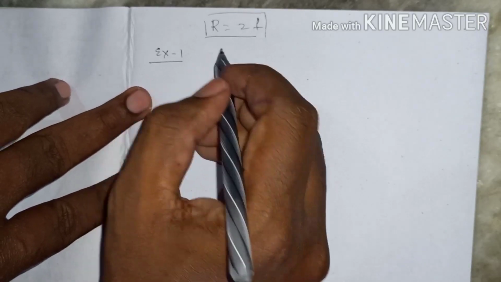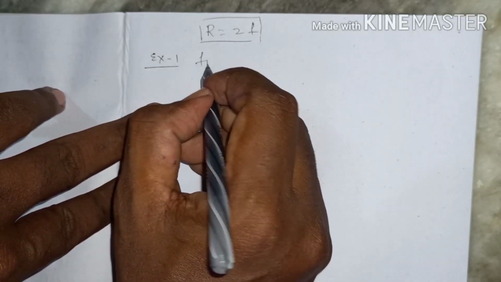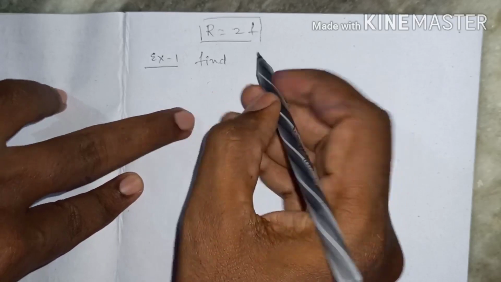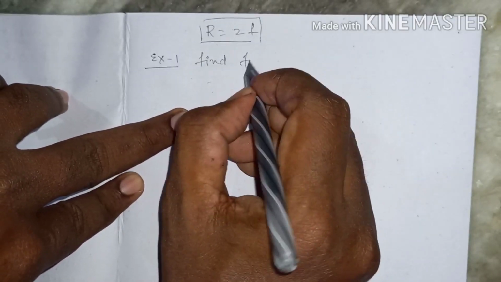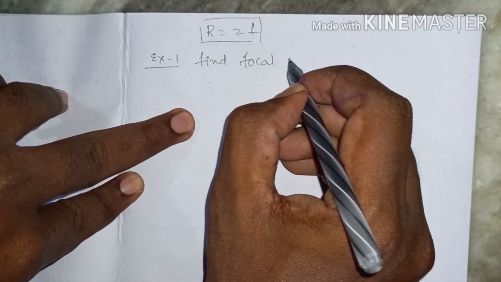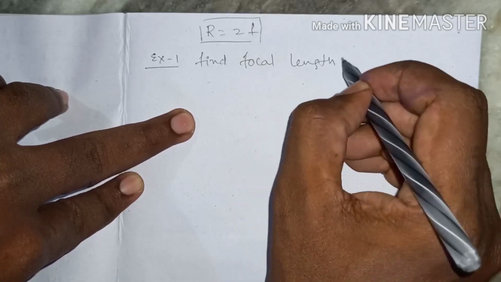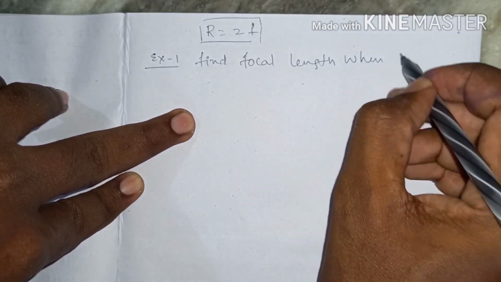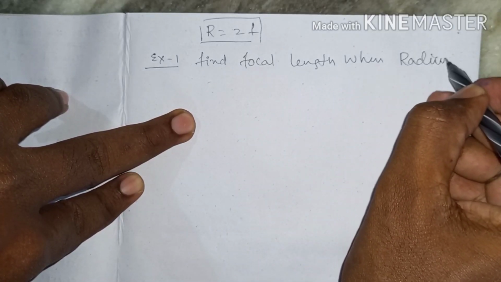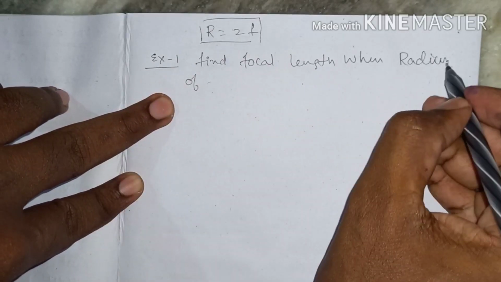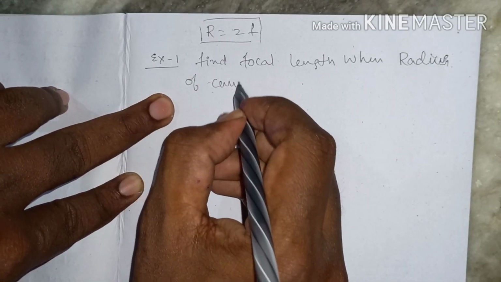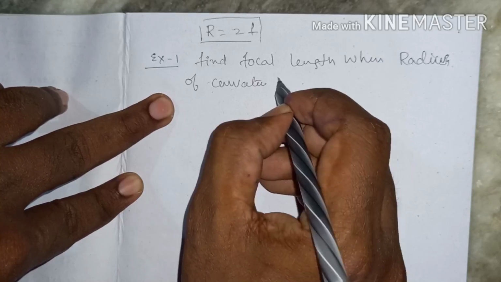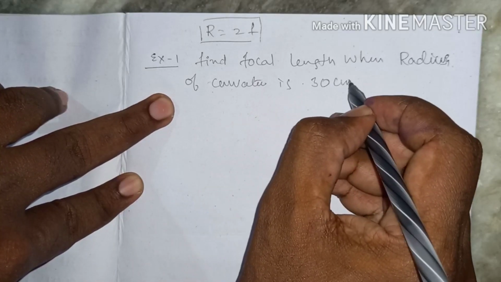Example 1. Find the focal length when the radius of curvature is 30 centimeters.